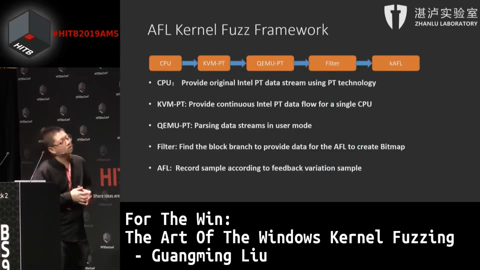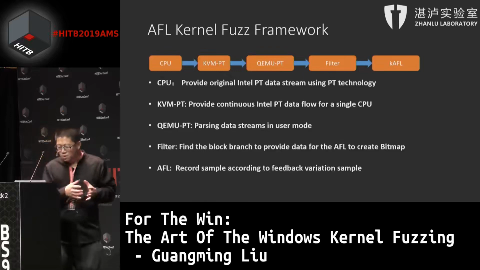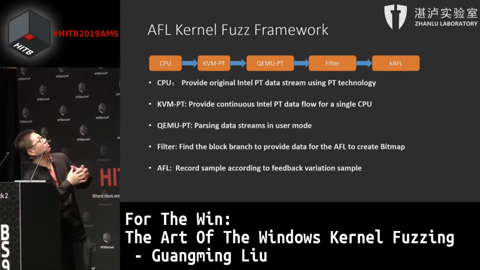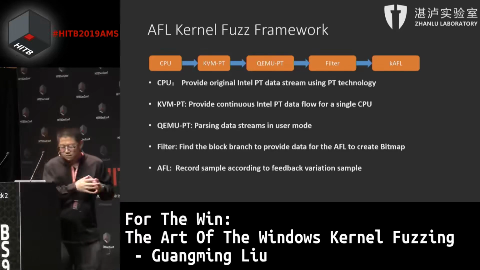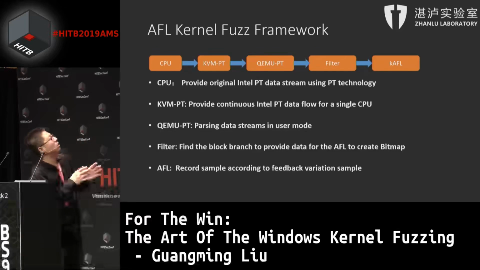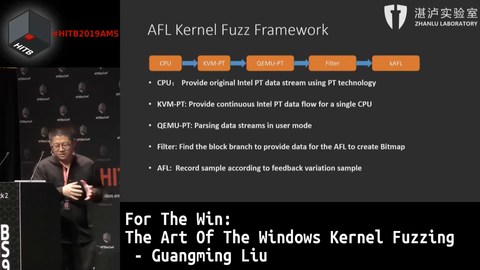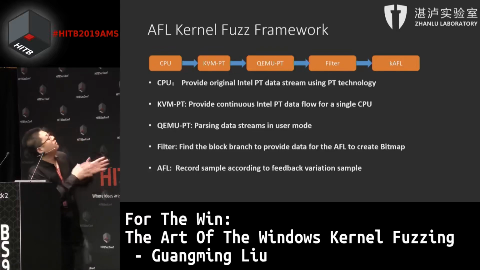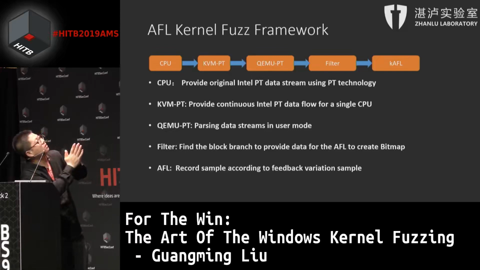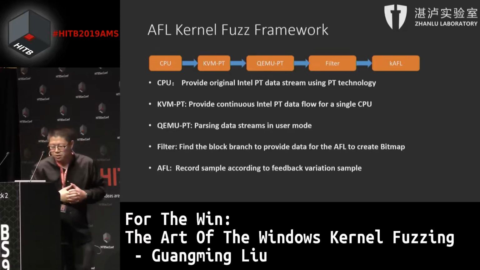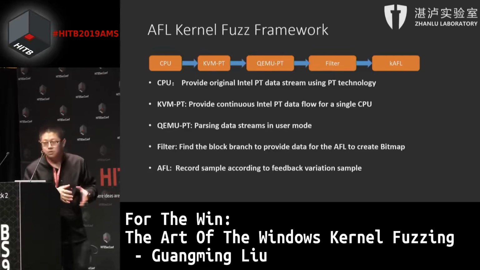And here is the program, the FL kernel fuzz framework. At first is the CPU, and the next level is the KVM P-trace. We need a KVM. The second one is the QEMU P-trace. We need a QEMU, and we change the QEMU.